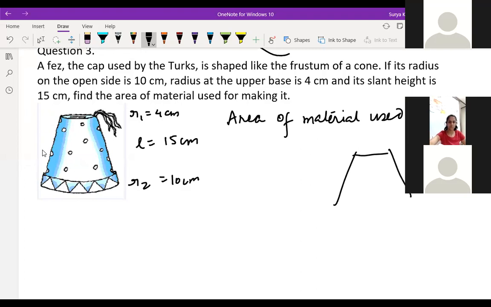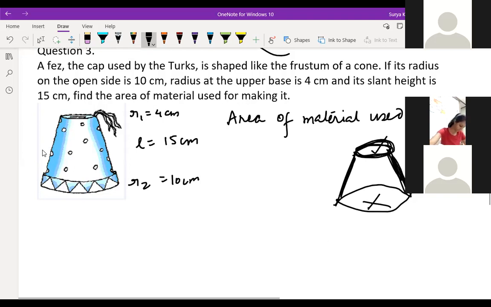So this is topi over here. Here there is no material. We have to find CSA part, so CSA of frustum plus area of this top part, area of small circle. Understood, children? Yes, you can write in fraction only.